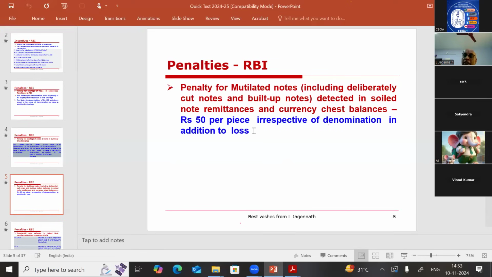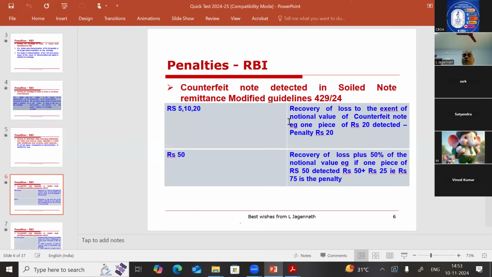Suppose one 500 rupees mutilated note is found in the currency chest balance or in the soiled note remittance: the penalty is 50 rupees, irrespective of the denomination, plus 500 rupees loss, so 550 rupees you have to give to RBI. So this is the guideline with regard to mutilated notes found in the soiled note remittance or in the currency chest balance.